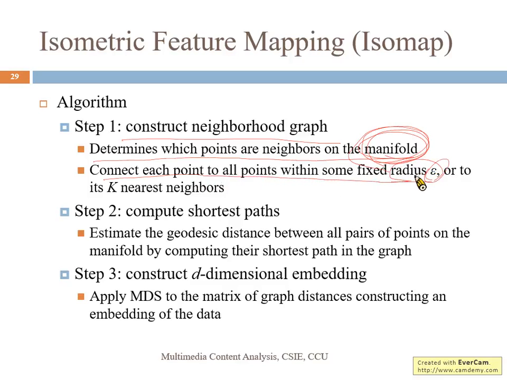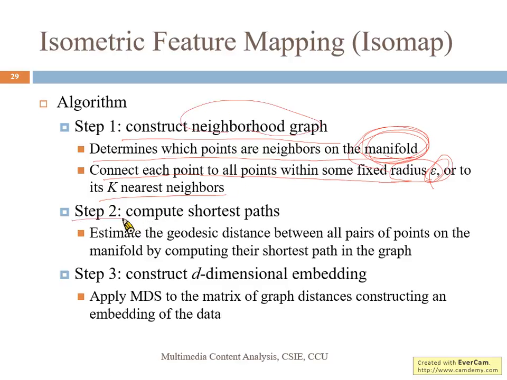So here the definition of neighborhood is the data points whose distance to some specific data point is less than epsilon, or its k-nearest neighbors. When we determine the neighboring data points, we can construct the neighborhood graph.